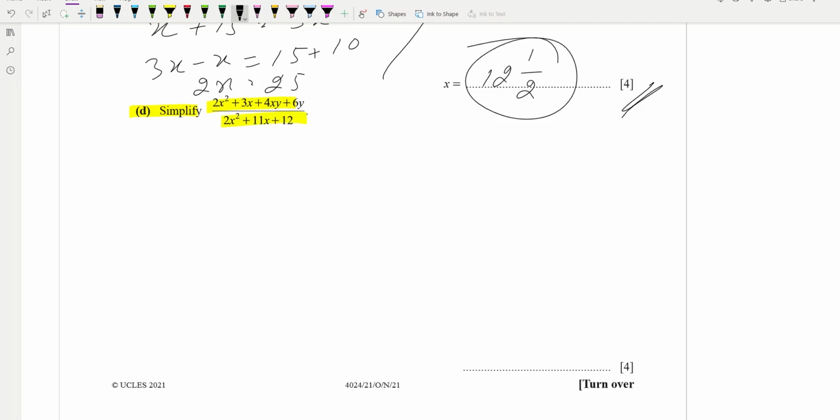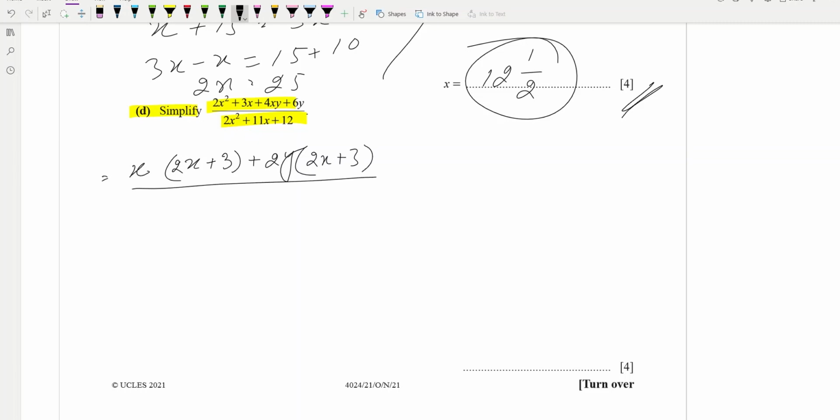We will be factorizing whatever factors are possible. From the numerator, from the first two terms we can take x common, so inside will be x plus 3 and 2x plus 3 basically, and from the second one we can take 2y common, so it will be 2x plus 3.